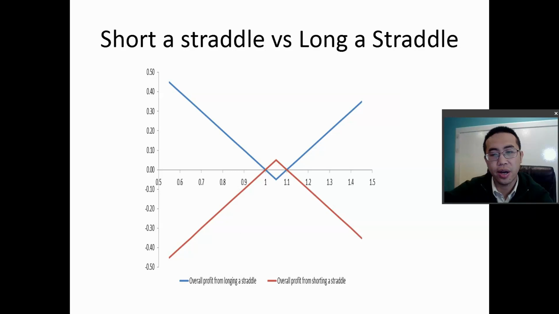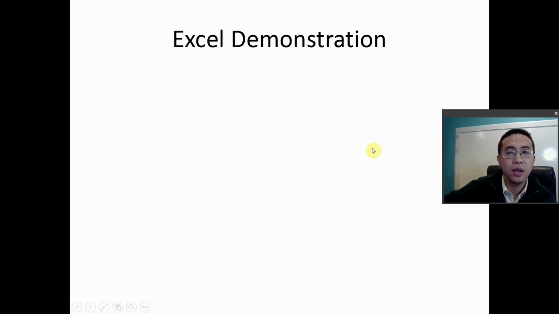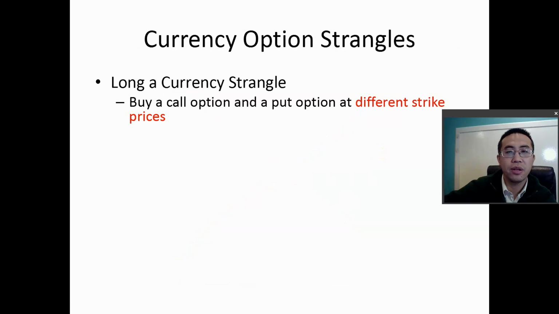So here is a chart I created. The blue curve is the profit for buying a straddle, and the red curve is the profit for shorting a straddle. You can also do an Excel demonstration, but I'd rather leave it to the end of this class.